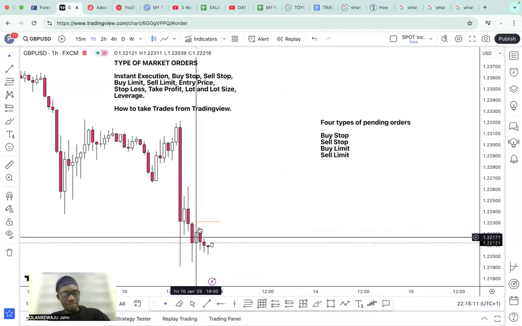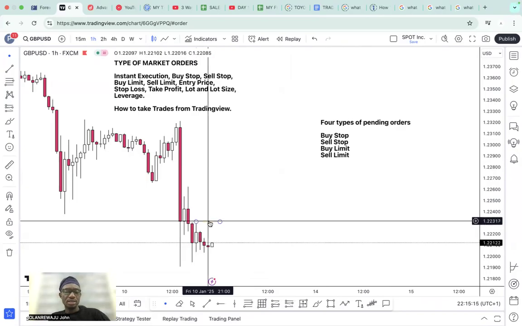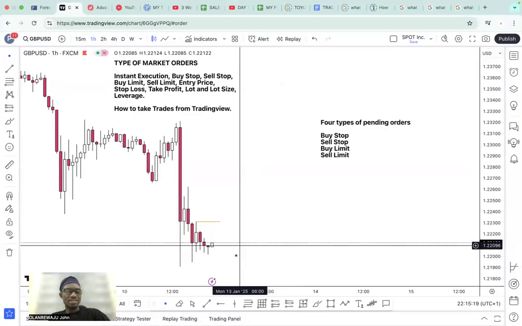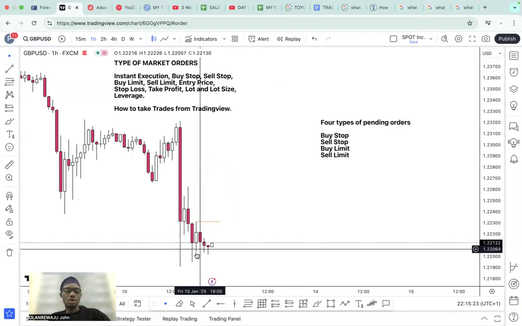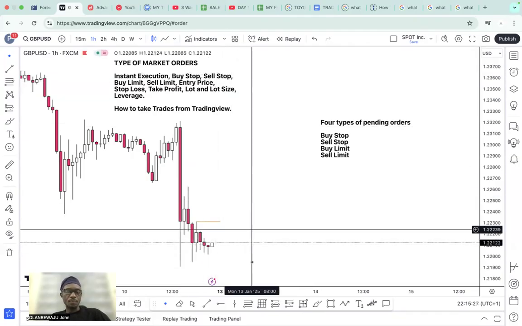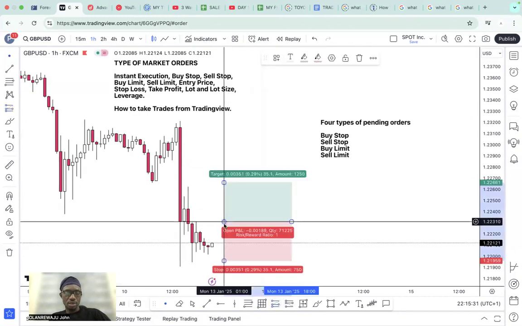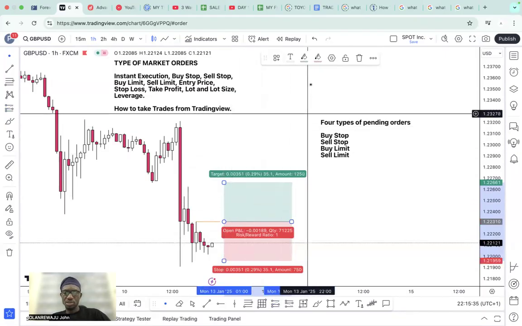And I have a conviction that, okay, the moment GBP USD gets to this point, you should just continue to buy. So that is me buying at a future price that is higher than the current market price. So what am I going to do? It's simple. I will set a buy stop order here.